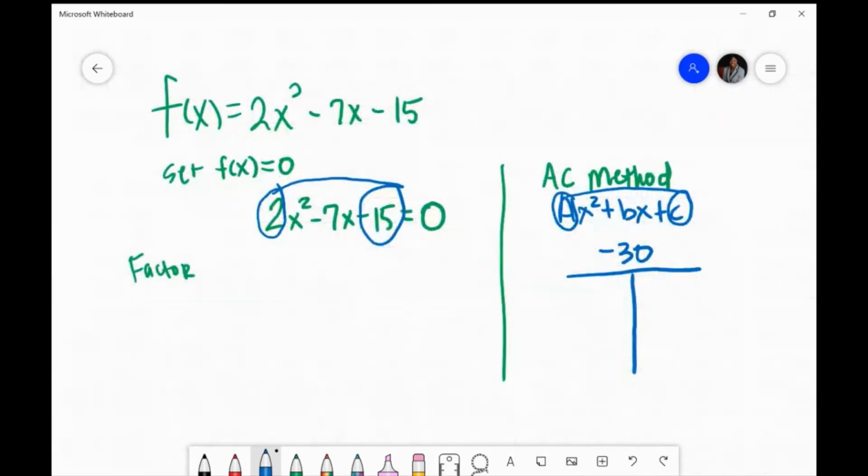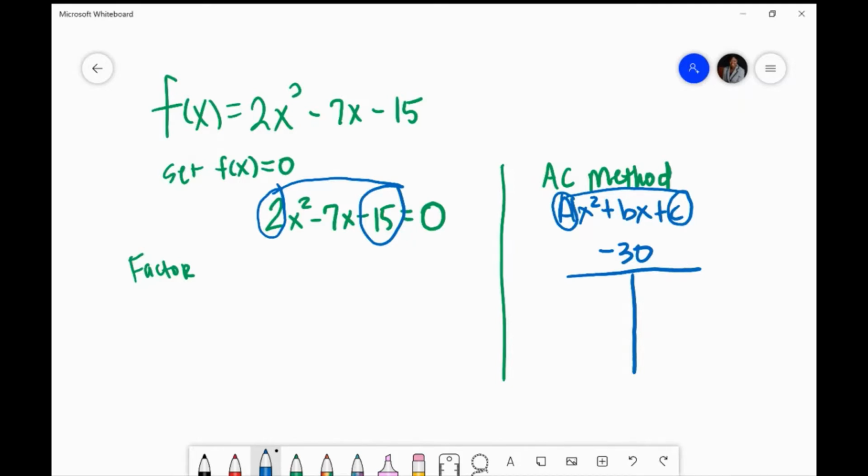So we want to find factors of negative 30 that add to negative 7, the number in the middle. I'm not sure if y'all are familiar with the AC method, but you can always use trial and error. That works fine too. Sometimes it just takes longer to figure out the factors by trial and error. AC method will get it to you a little faster most of the time.